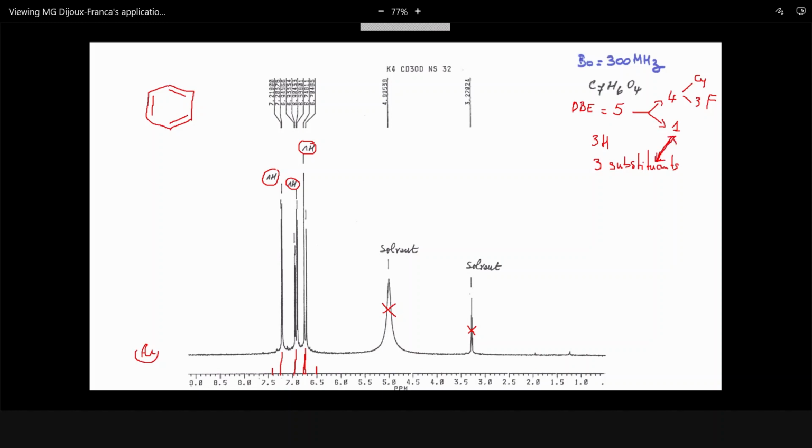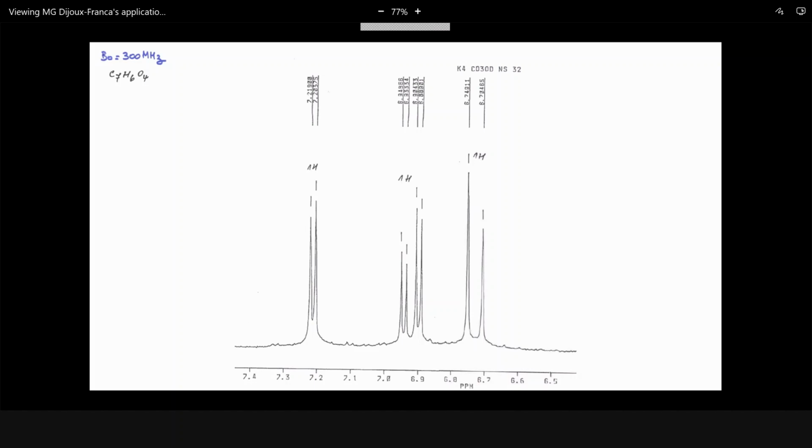Okay, so let's go further. We write only this part on the spectrum, on this picture, so we see the shape of each signal better. This is one chemical shift here, and this is the other here. If we want to describe this signal, can you tell me what you see?